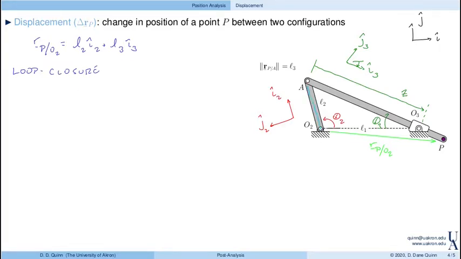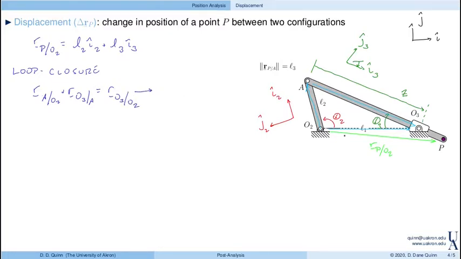It's A with respect to O2 plus O3 with respect to A equals O3 with respect to O2. So here, the loop closure equation, we could say R of A with respect to O2 plus R of O3 with respect to A is equal to R of O3 with respect to O2.